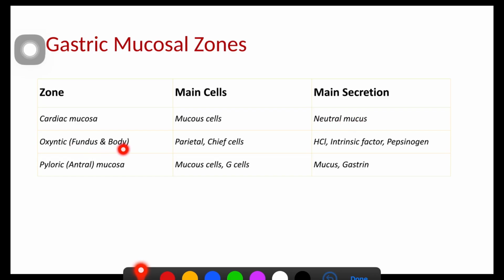Whereas in fundus and body, which is called oxyntic mucosa, you find parietal cells and chief cells. So it secretes HCl, intrinsic factor, and pepsinogen. Whereas pyloric or antral mucosa has mucus cells and G cells, and the main secretion is mucus and gastrin from G cells.